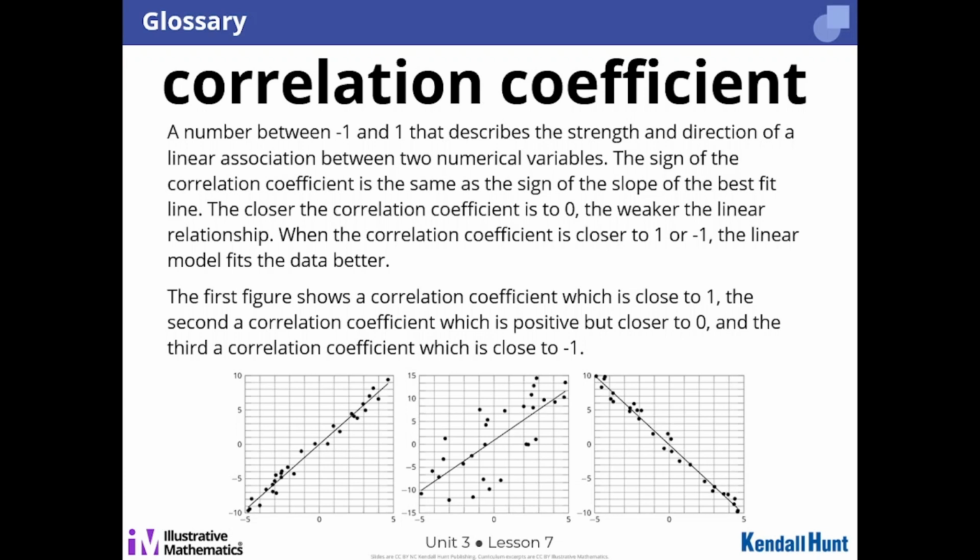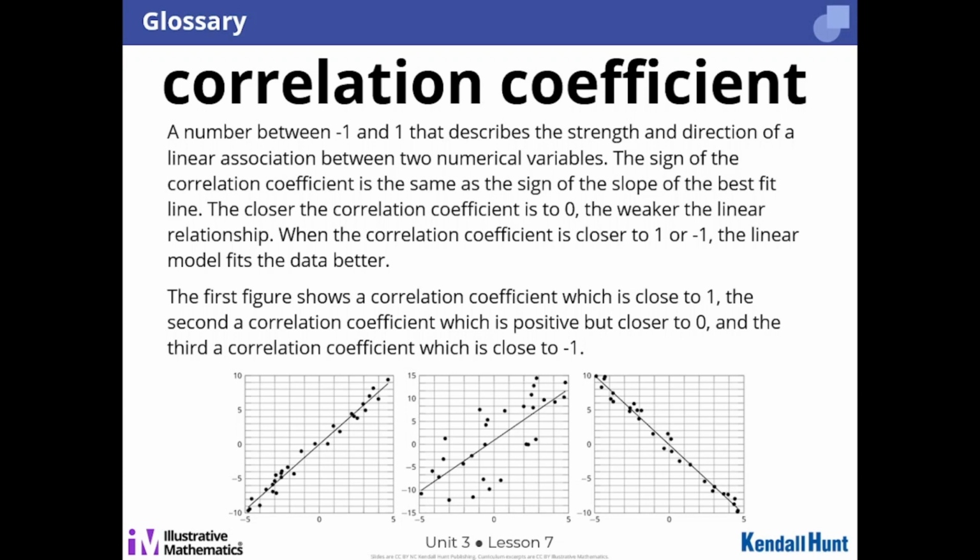So we've talked about in previous lessons or maybe previous classes that you have a positive slope when you are moving from left to right if the line is going up, but you have a negative slope if, when you're moving from left to right, the line is going down.